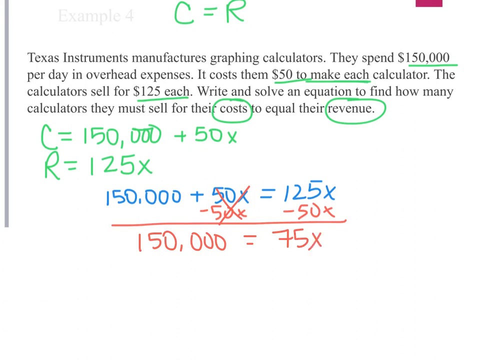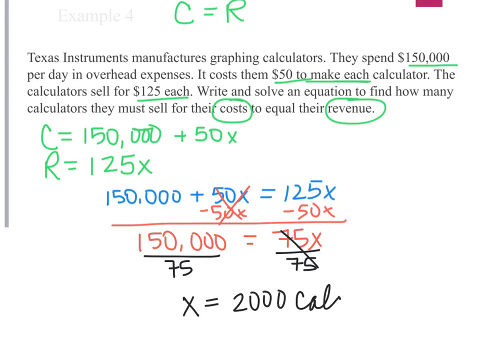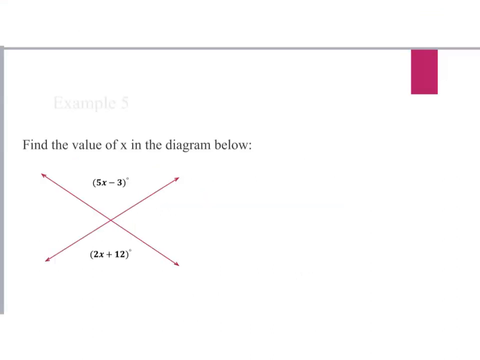And now if I divide both sides by 75 so that I can get x by itself, we end up with x being equal to 2,000 calculators. Okay, so that means they have to sell 2,000 calculators just to break even.